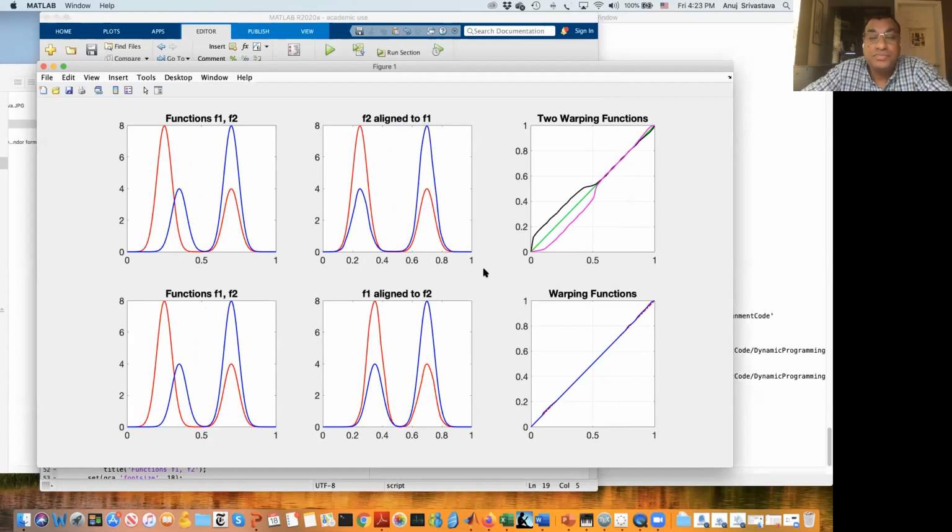In the bottom, you see the reverse process: the red is being time warped to align with the blue, and the blue remains as it is, very nicely aligned. If I take the forward warping and the backward warping and compose them, on the bottom right I get a near perfect 45-degree line. That means the two solutions are honest-to-God inverses of each other, and there is no pinching. So we get a very nice alignment.